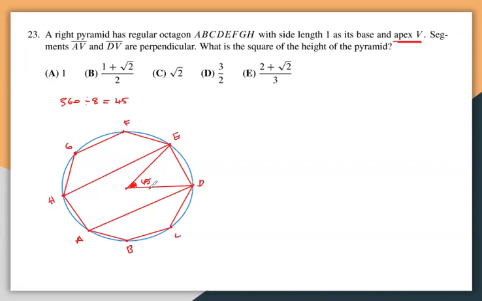The distance from the center point to each vertex is the same, which is why this is an isosceles triangle. So you can say this is x and this is x, and we know that each side of the regular octagon is 1 unit. So that is going to be 1.